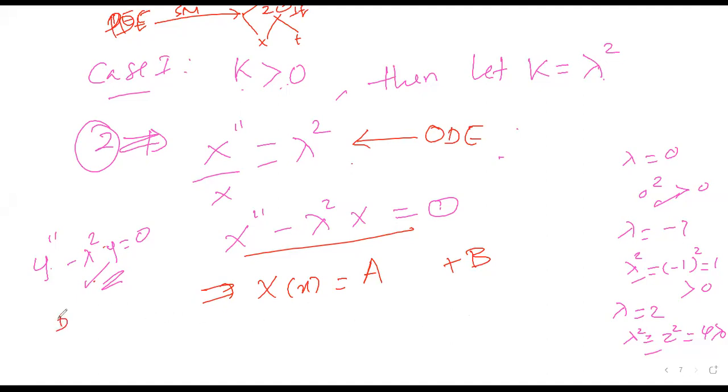So m squared minus lambda squared is equal to 0. Then m will be plus or minus lambda, no?